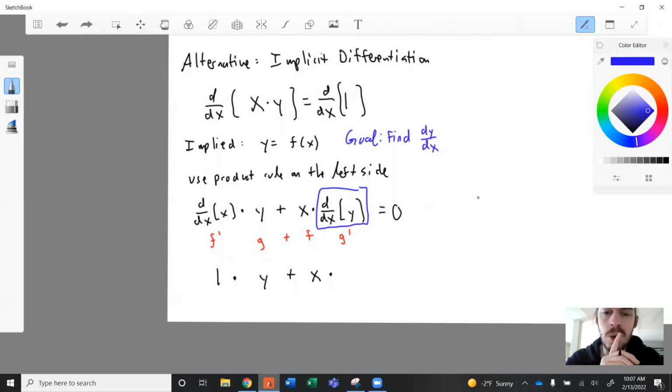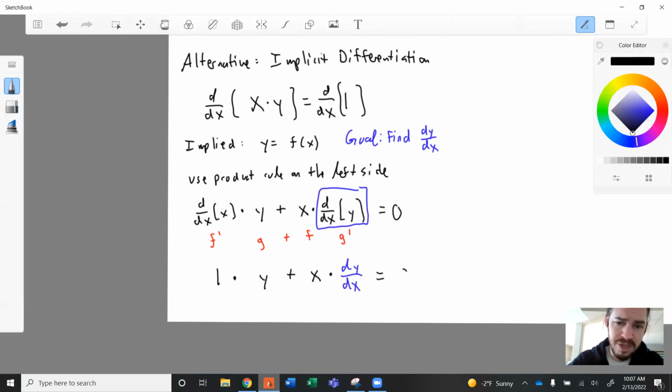So since that's our goal, let's just write it in there by its name without actually doing a derivative as you usually think of it. Let's just write it in here as a placeholder, whatever is going to go there, that's the derivative of y with respect to x.